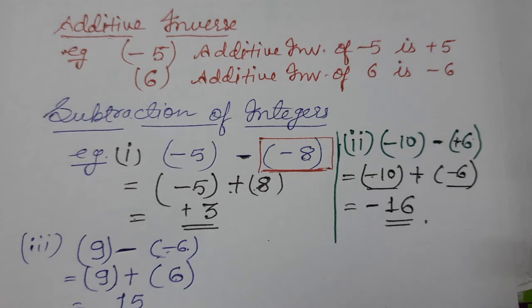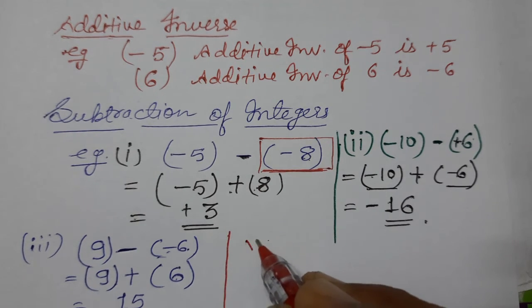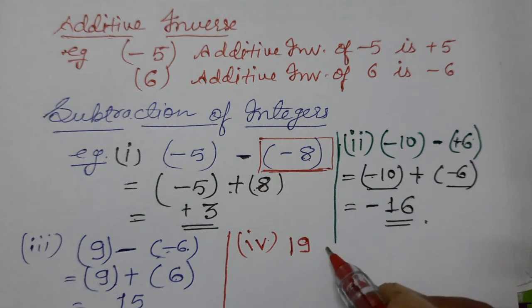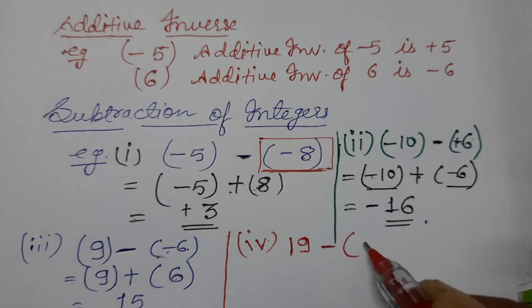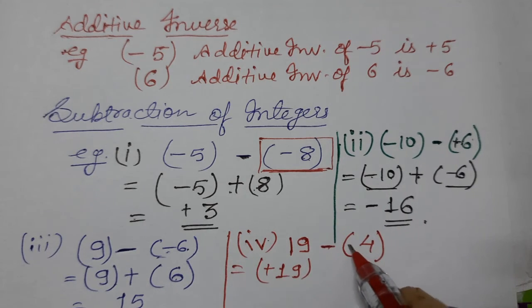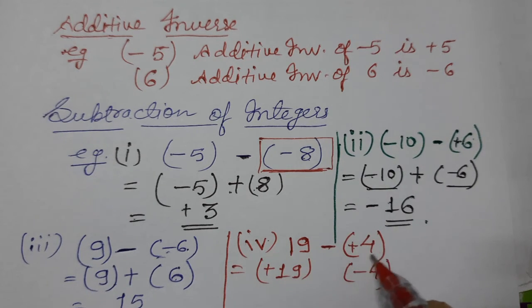Now we'll take another one so that it will be clear to you. Fourth example, let's see. Let us take 19 minus plus 4. So 19 as it is, and the additive inverse of plus 4 is minus 4. हमें additive inverse लेना है, जो भी नंबर इनसाइड है उसका additive inverse लेना है. अगर प्लस है तो माइनस लगाना है, माइनस है तो प्लस लगाना है.